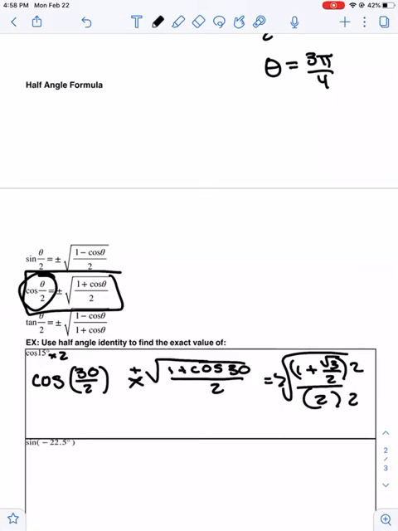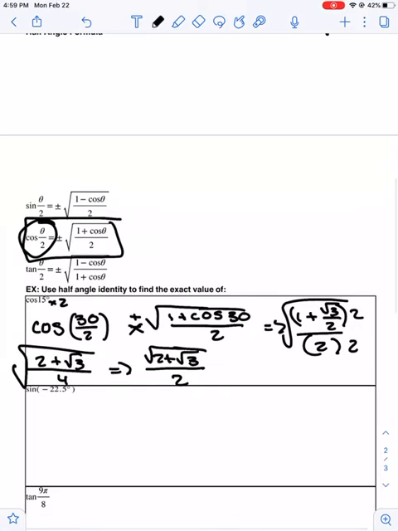I'm going to multiply by this denominator in the top because I don't want the fraction. So when I do that, I get 2 plus square root 3 over 4, all square rooted. And the square root of 4 is 2. So this equals the square root of 2 plus square root 3, over 2.